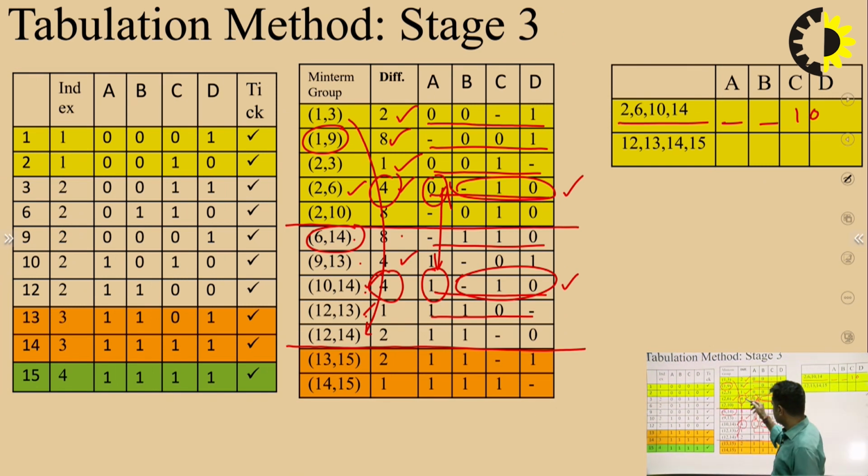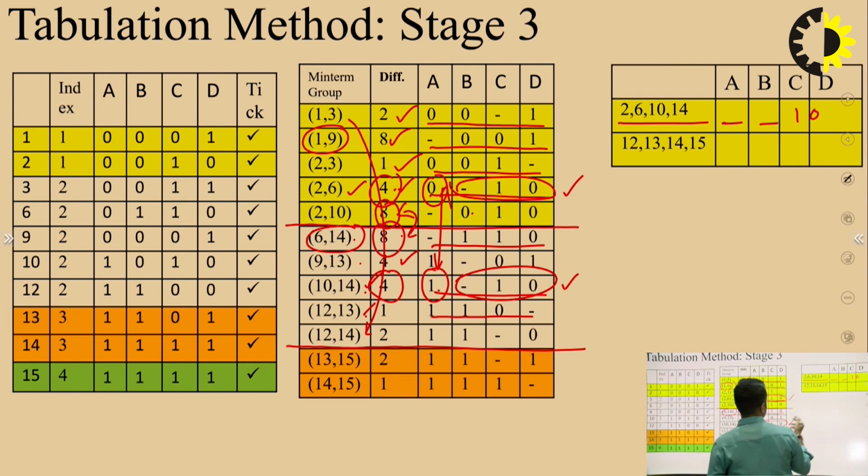Similarly, if you proceed further, 2, 6 cannot be grouped with any other term. Then 2, 10 difference is 8 and 6, 14 difference is 8. Checking these two: 2, 6 and this is 2, 10 and 6, 14. For 6, 14, we are just checking, is it written correctly? 1, 1, 1, 0, yes, it is correctly written. And 2, 10, 6, 14 gives 2, 6, 10, 14: 1, dash, 1, 0.